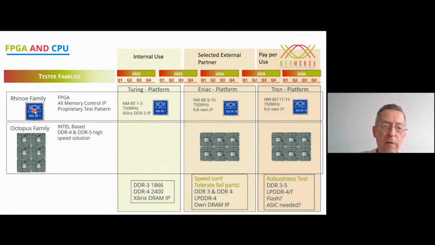The platform with the FPGA we call Rhino family. Rhino because it's a heavy, big, like rhinoceros FPGA, and River Rhine because we developed it in Germany. So therefore this funny name. The beauty of FPGA is you can completely control the pattern, how you test your memory. Because for DRAM, for some technology-related issues, you need a very specific pattern.